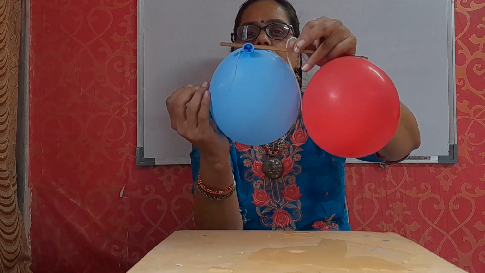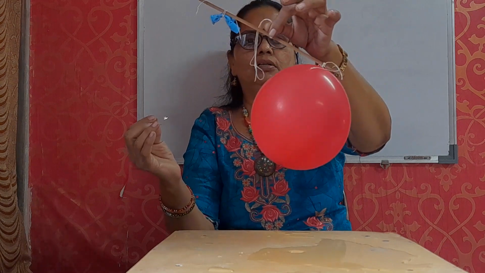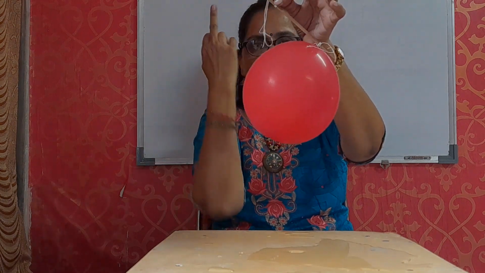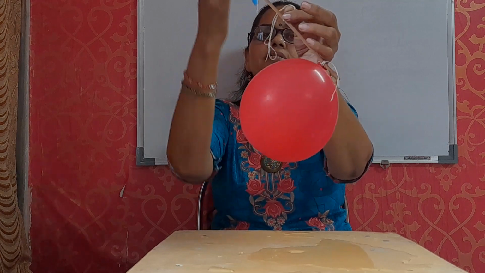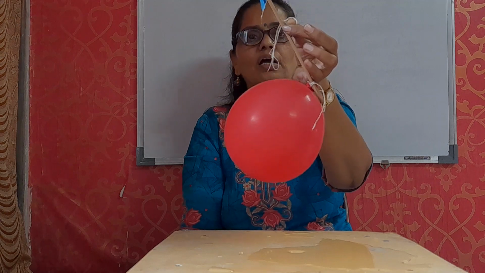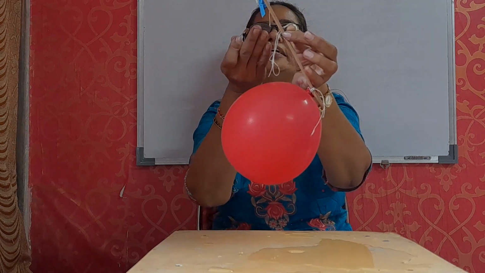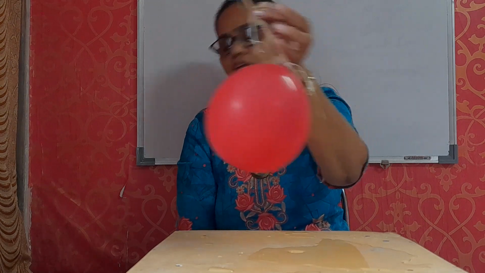Now you see what happens, right? The balloon which is inflated, the stick will turn to that side, means that will come down, and the deflated balloon will come up. That means it has weight.